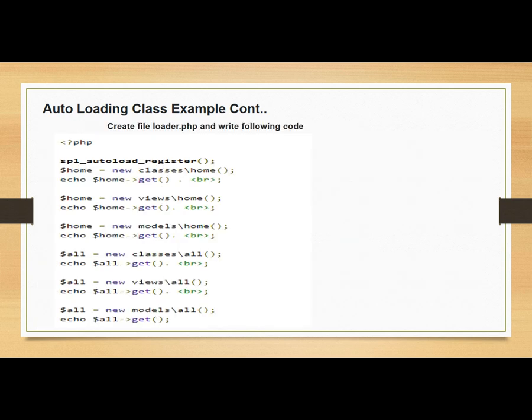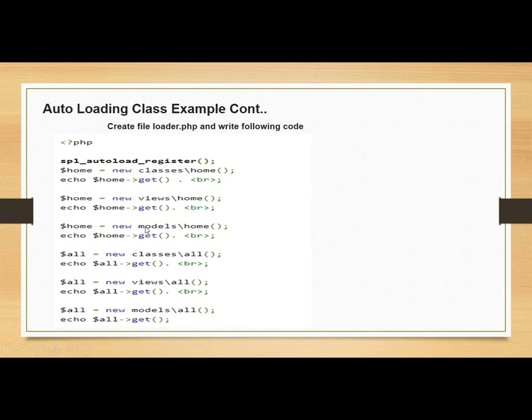Now it's time to invoke, to call all these particular classes from the several directories without calling the functions. For that, write one simple PHP code where $home equals new classes/home. That means the class from the classes folder will be called in this particular line of code.